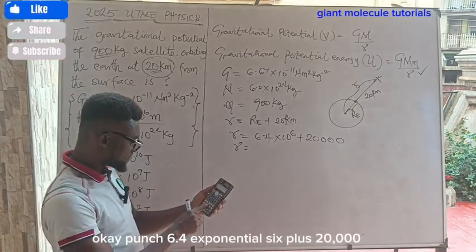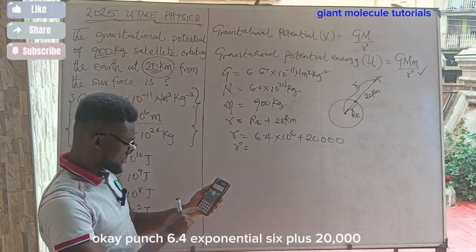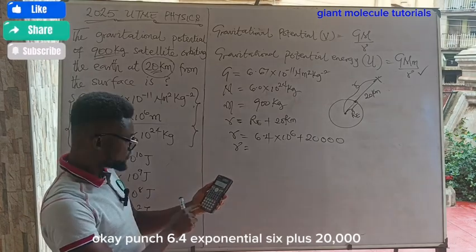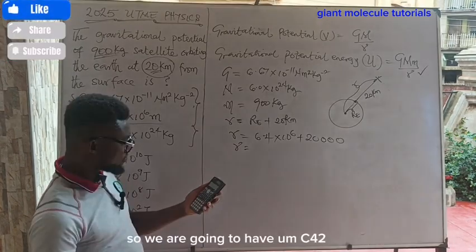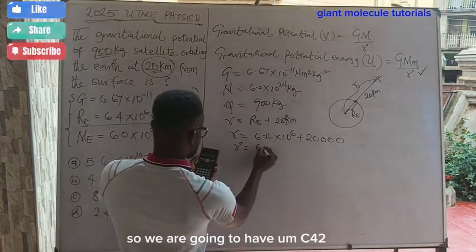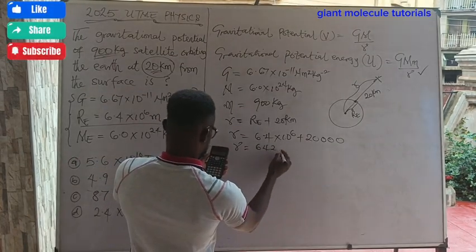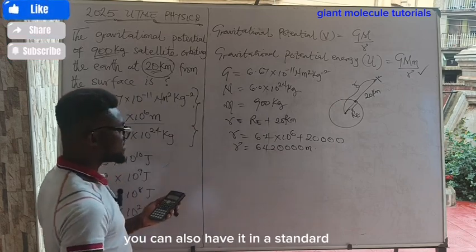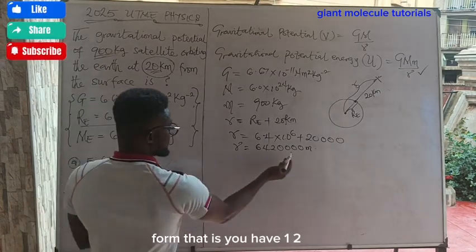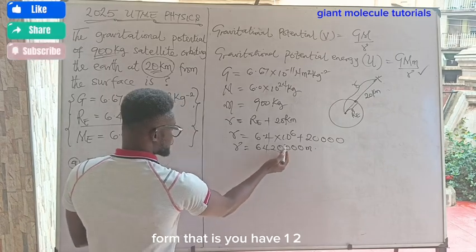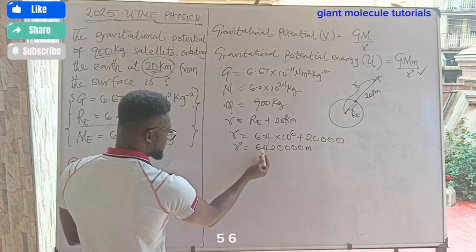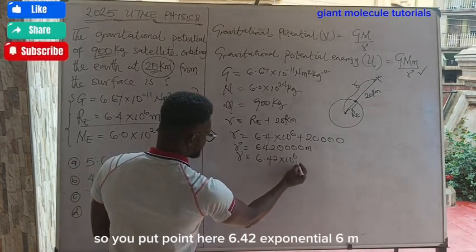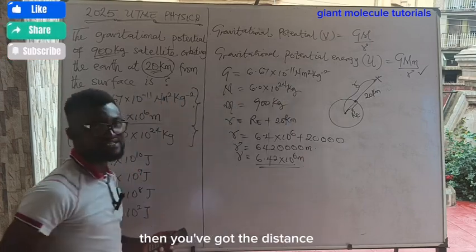Okay, punch 6.4 exponential 6 plus 20,000. So we are going to have 6,420,000. As you have the distance in this way, you can also have it in a standard form. That is, you have 1, 2, 3, 4, 5, 6. So you put the point here, 6.42 exponential 6 meter. Then you've got the distance.